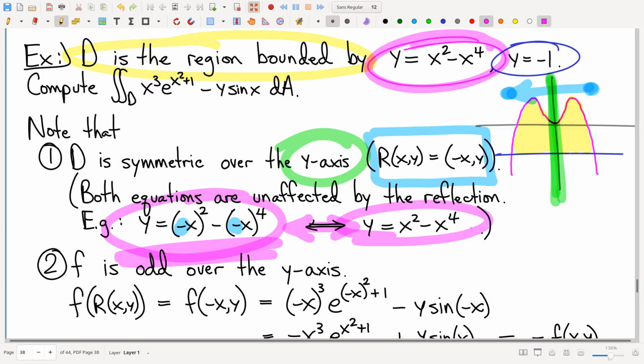Now, here's the good news. Most of the time when you're making a symmetry argument, it's usually pretty clear from the picture if the domain is symmetric or not. So I don't require arguments of this sort on exams because they're always a little different, and it's mostly an exercise in how to write things down as opposed to an exercise in understanding of the ideas that we're really most interested in this course.